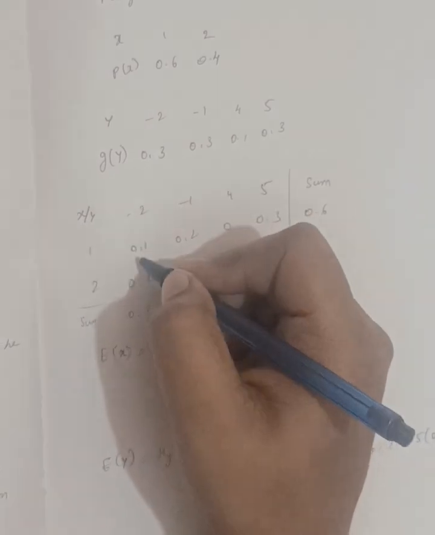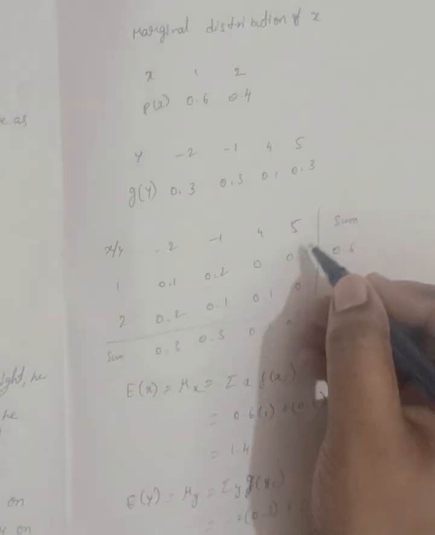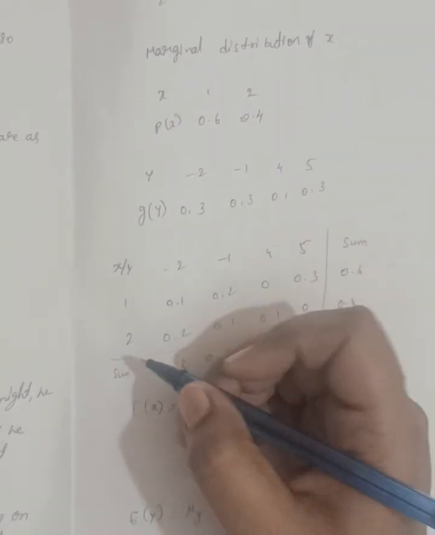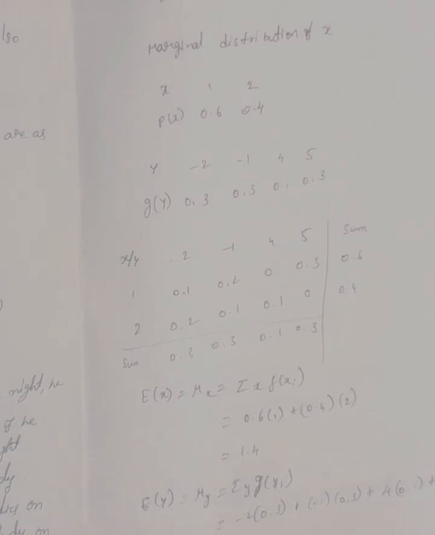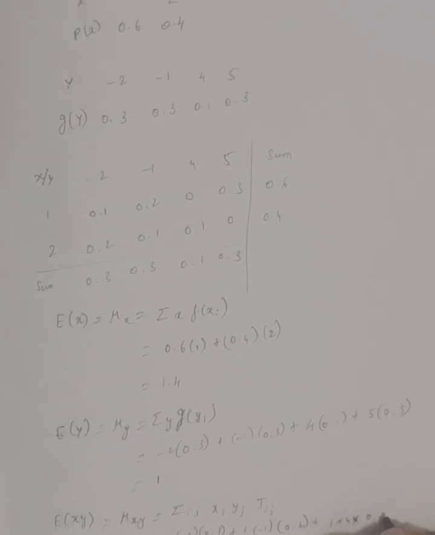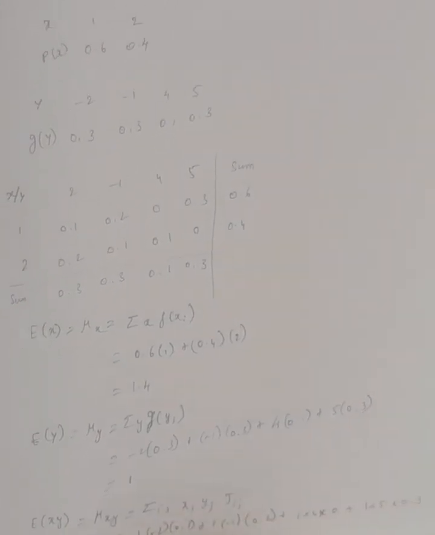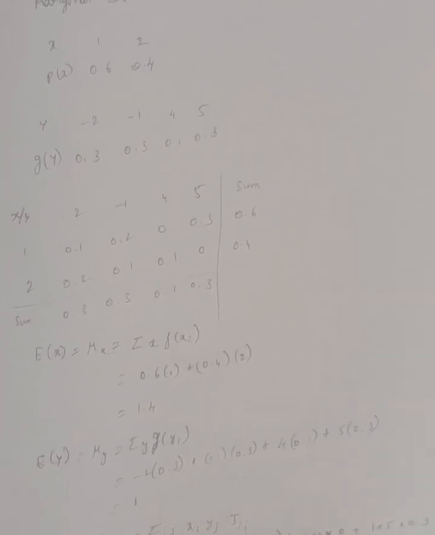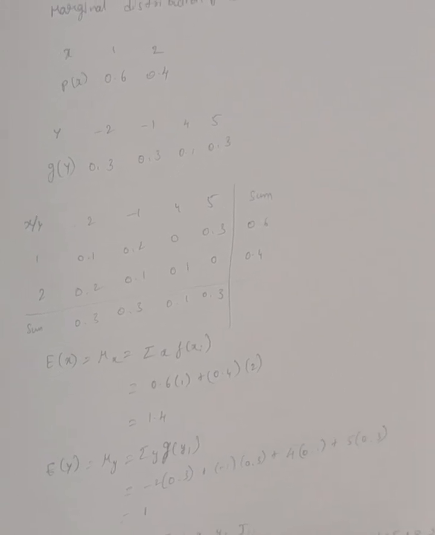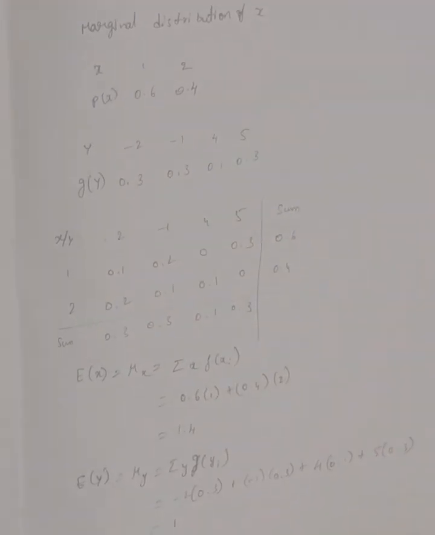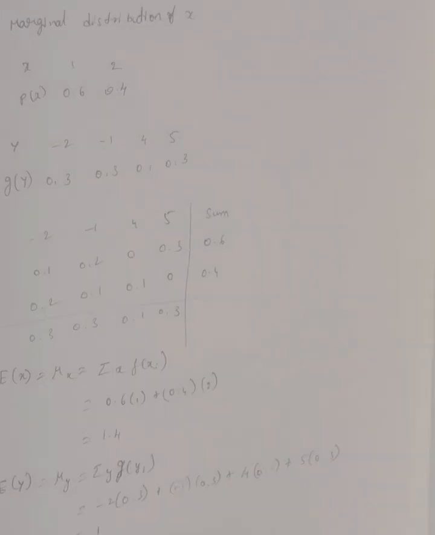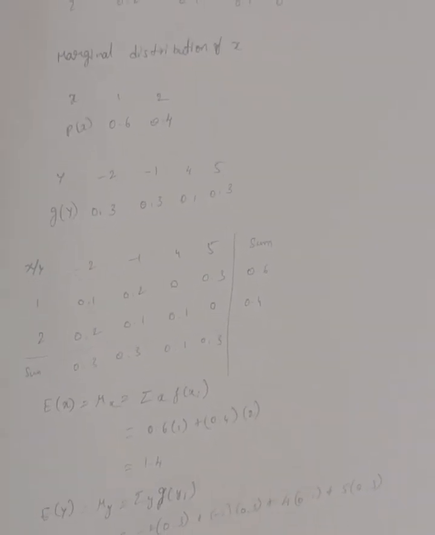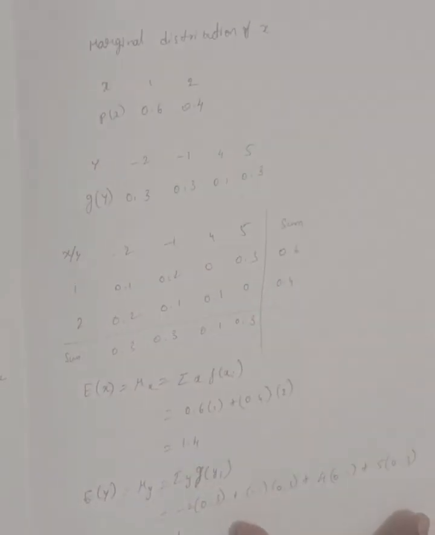This is 1 into -2 into 0.1 plus 1 into -1 into 0.2 plus 1 into 4 into 0 plus 1 into 5 into 0.3 plus 2 into -2 into 0.2 plus 2 into -1 into 0.1 plus 2 into 4 into 0.1 plus 2 into 5 into 0. Simplifying, we get 0.9. This is the expectation of XY.